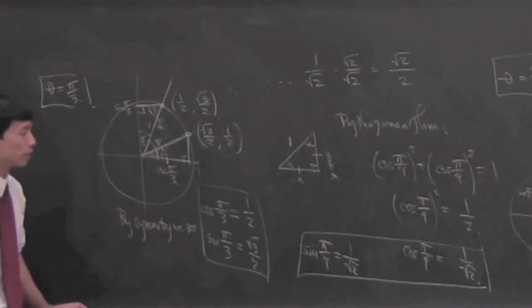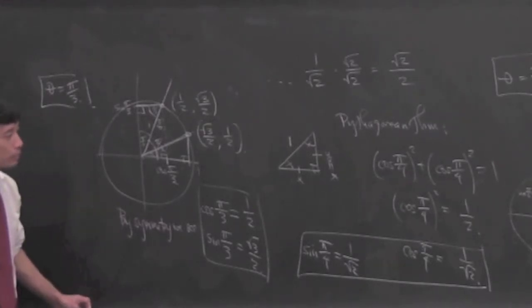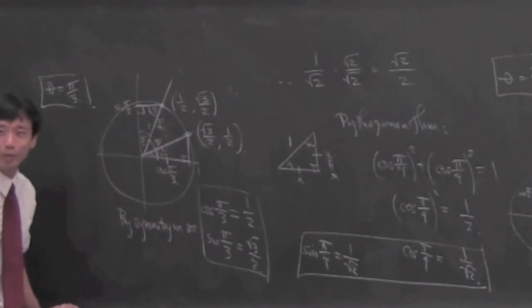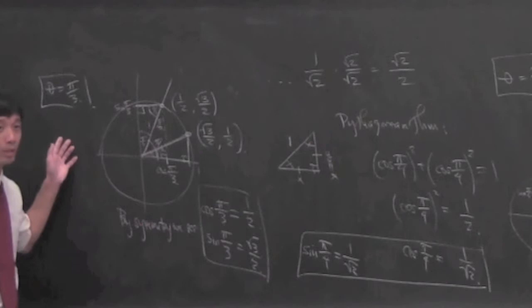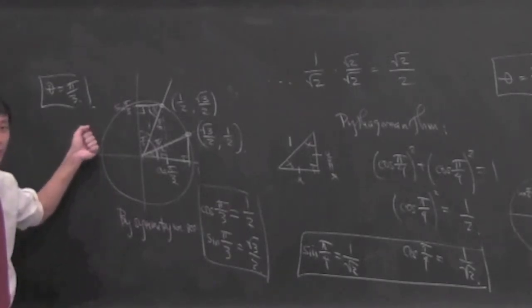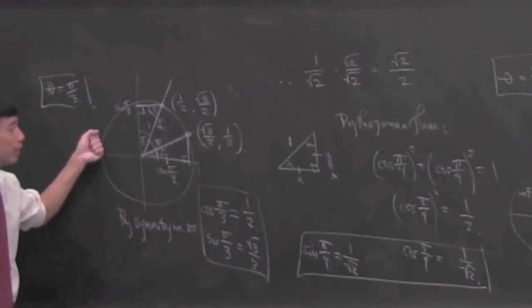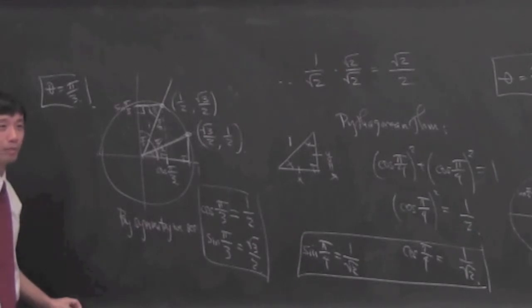So those guys are easy to figure out. This is sort of nice. If you memorized these in school and had no idea why they were true, now you see it's actually pretty simple to figure them out, just using some geometry and the Pythagorean theorem.